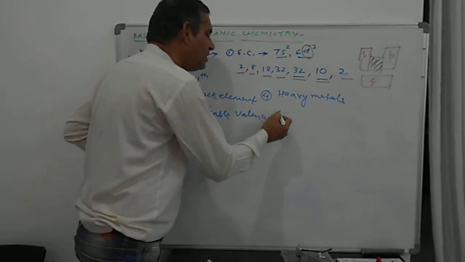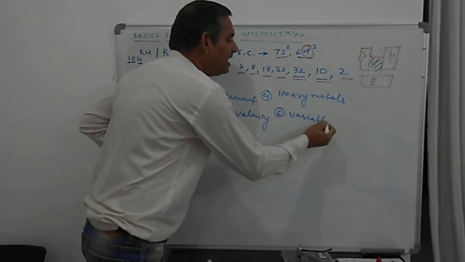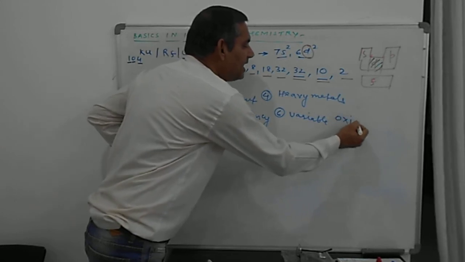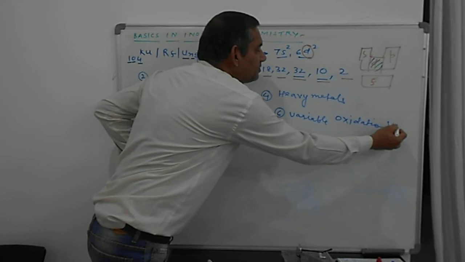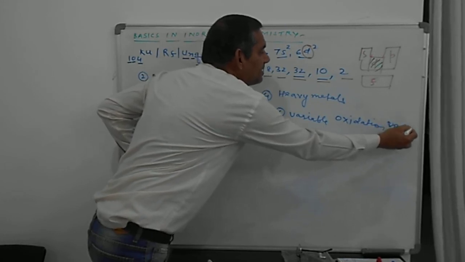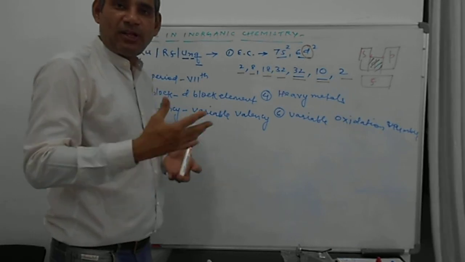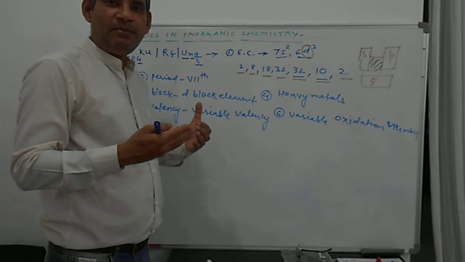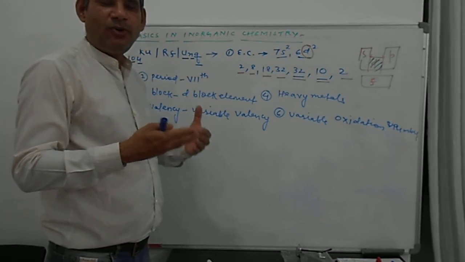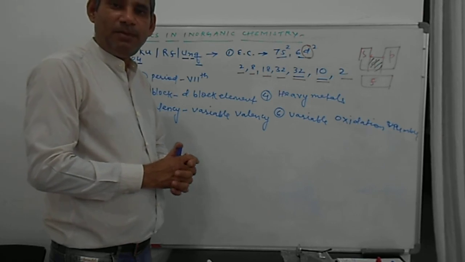Now, the sixth point is oxidation number. As D block elements show variable valency, their oxidation number will also be variable. What is the reason why D block elements show variable valency and variable oxidation number? Because in S block elements, only ns electrons can take part in bond formation. What about P block elements?